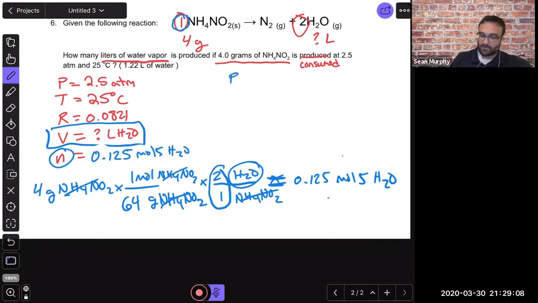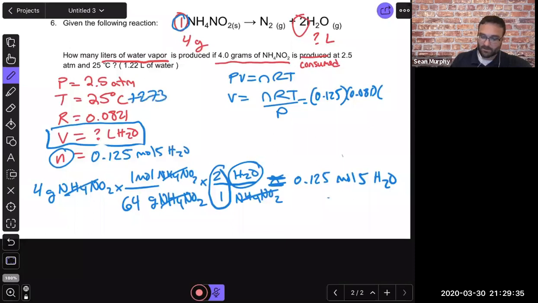So we have PV equals nRT. We're going to rearrange the formula to nRT over P. The number of moles which we solved for was 0.125, times 0.0821. Our temperature, oh, we got a boo-boo here. We need to add 273 to that, equals 298. You cannot put Celsius in a PV equals nRT equation in the gas laws.